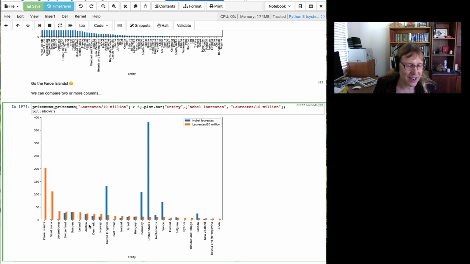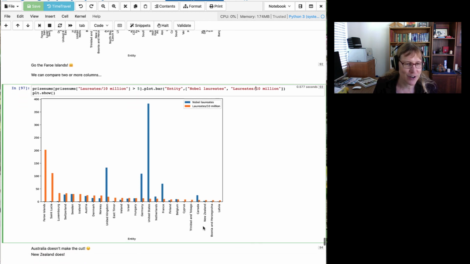On that criterion, we find that unfortunately Australia doesn't make the cut there, but New Zealand does, so go New Zealand. Okay, so that's basic plotting using Pandas and using our Nobel laureates data.